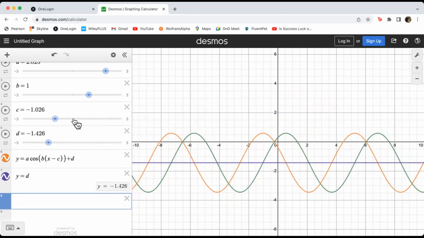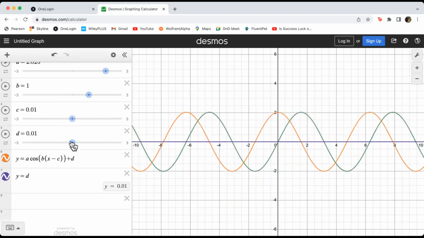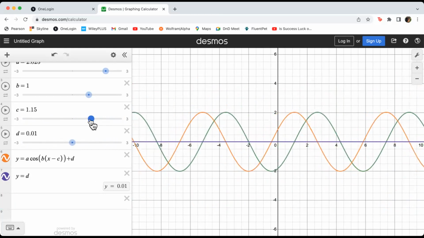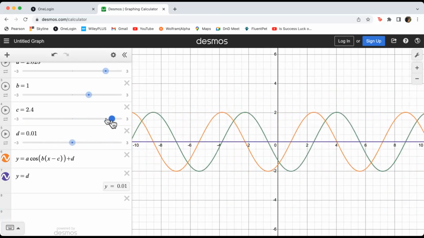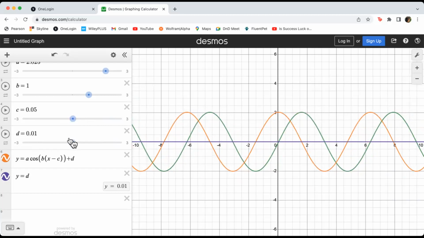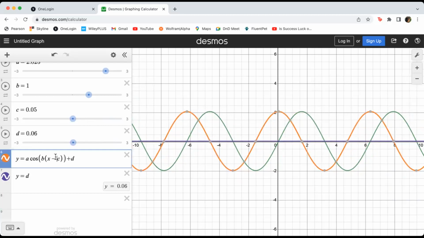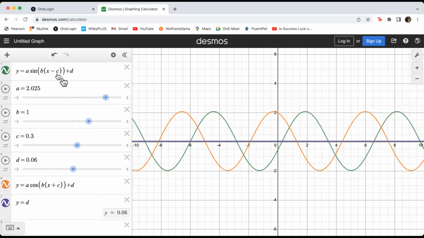Let's pause these, move them both to 0 or close to 0. Watch what happens when C goes up. What happens when I increase C? Which way is the graph going? But look how it's included in the equation. I wrote x minus C. So if I change this to x plus C, what's going to happen?